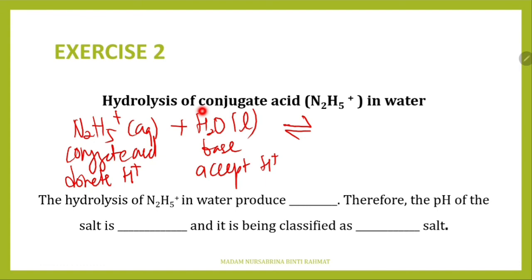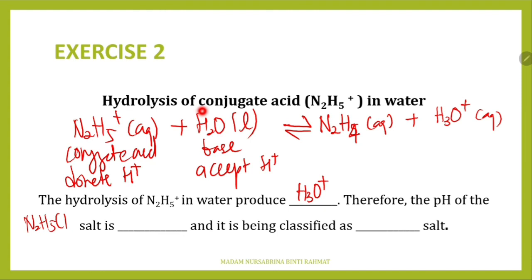In partial dissociation, N2H5 plus, removing that one H and plus charge, becomes N2H4, and that H plus is accepted by water. So water, from 2 hydrogen atoms, becomes 3 with a plus charge now. The hydrolysis of your conjugate acid produces H3O plus. Therefore, this N2H5Cl salt has a pH of less than 7 and is classified as an acidic salt.